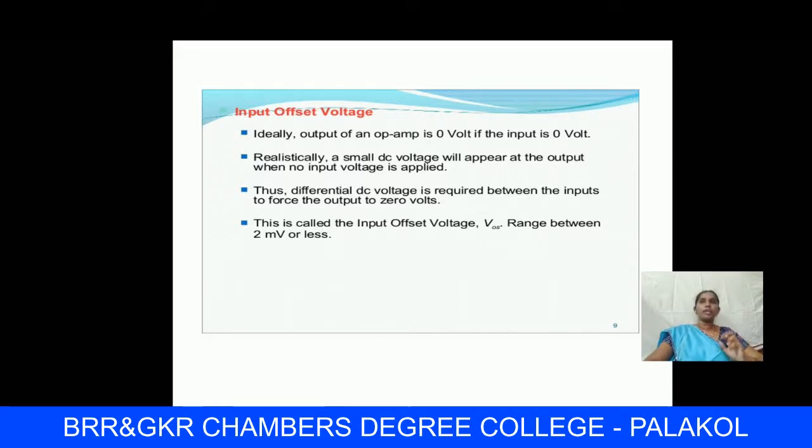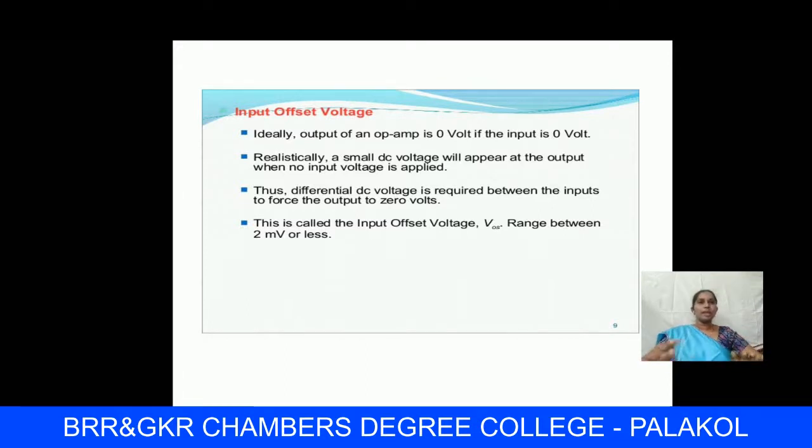For example, when we give zero voltage to the inputs of an amplifier, the output should also be 0, but a small amount of voltage will come. Thus, a differential DC voltage is required between the inputs to force the output to 0 volts.